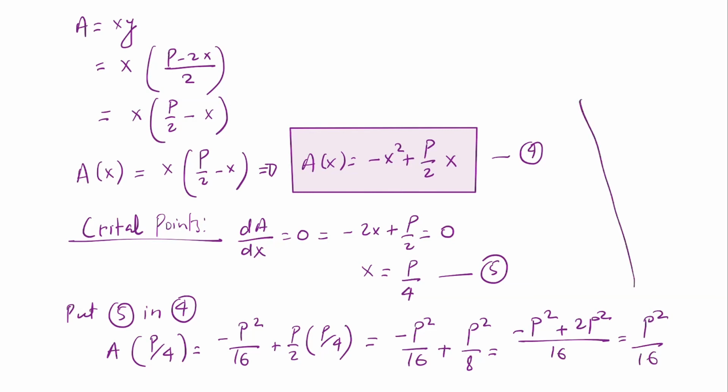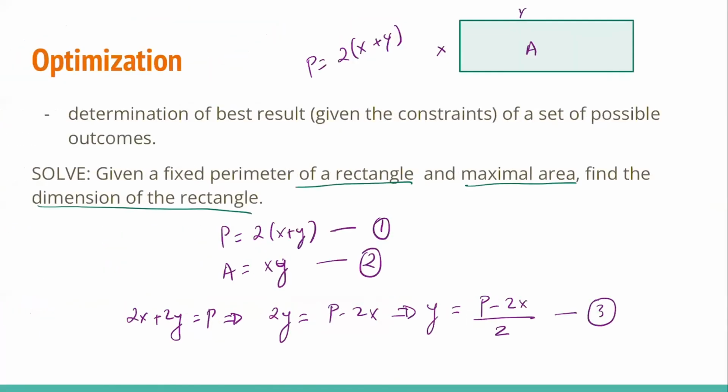And so area is p squared over 16. So this is how we optimize the best value for length and breadth.